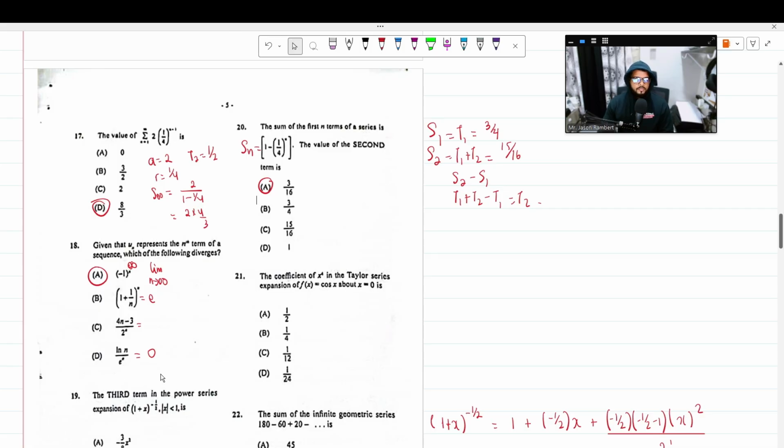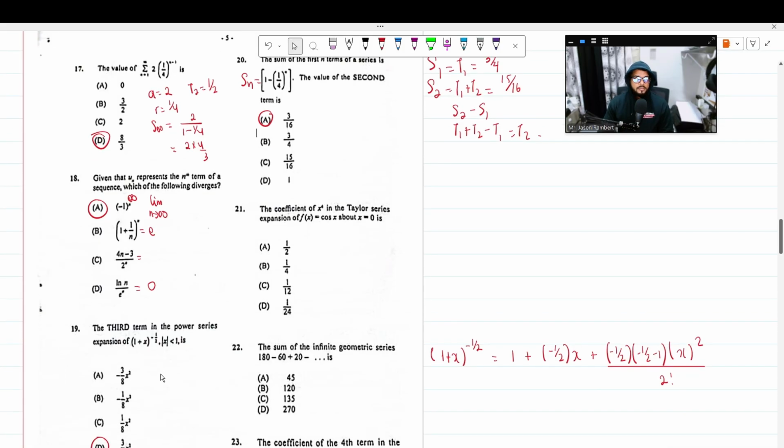Alright, the coefficient of x to the power 4 in the Taylor series expansion about x equal to 0. So f of x is cos x. f of 0 is cosine of 0, which is 1. But I am concerned with the fourth derivative.